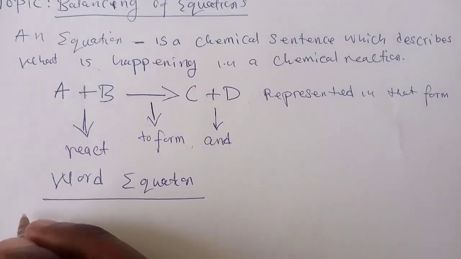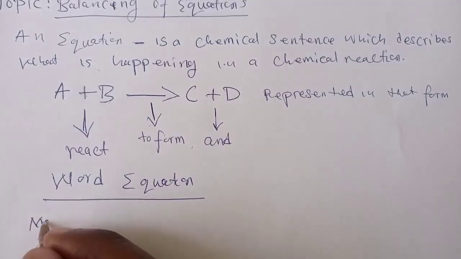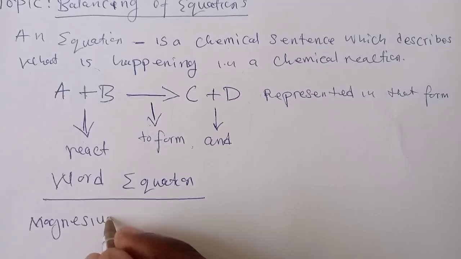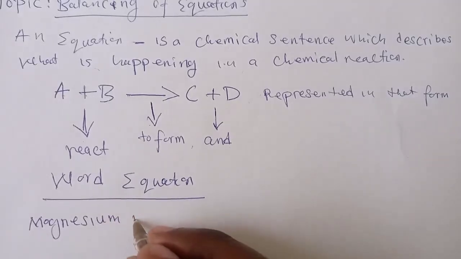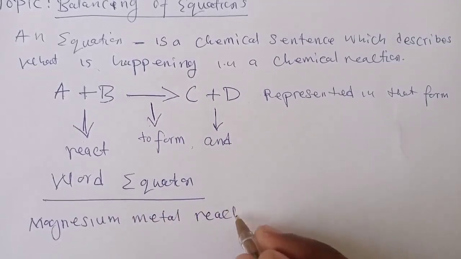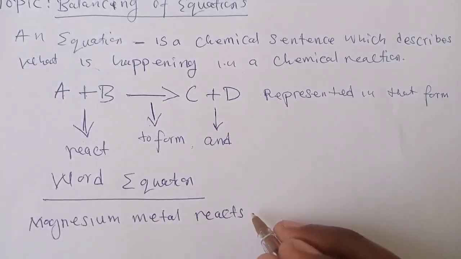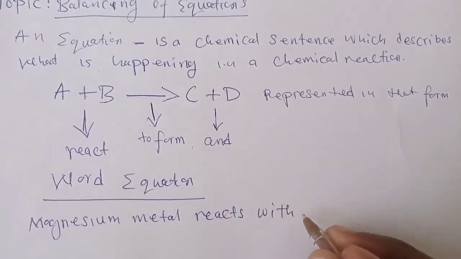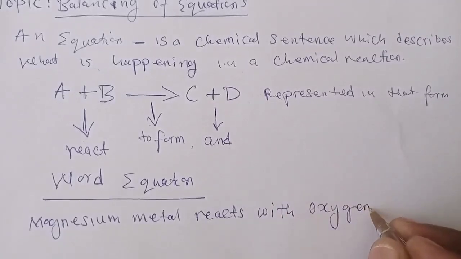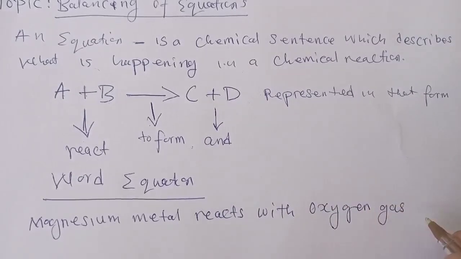So let's take, for instance, magnesium metal reacts with oxygen gas. You know that oxygen is a gas.